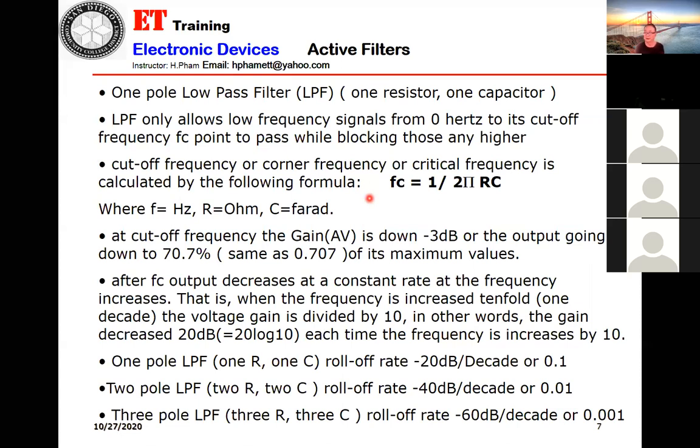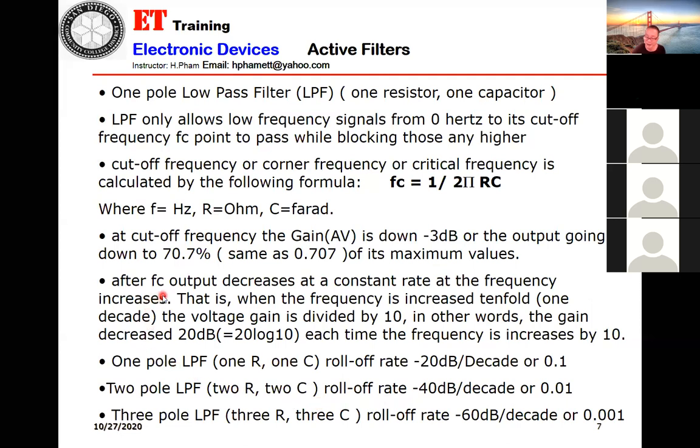In this formula, pi is 3.14, R will be in ohms, C has to be in farads, and F will be in hertz. At the cutoff frequency, the gain will be down minus 3 dB, or the output going down to 70.7%, the same as 0.707 of its maximum value.